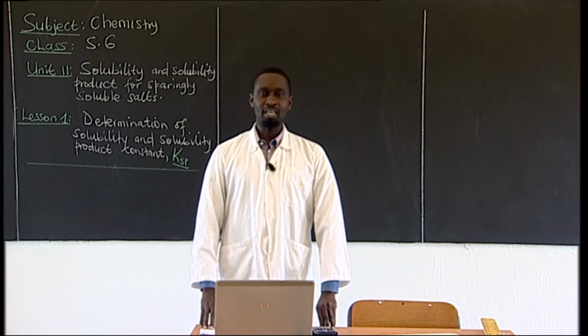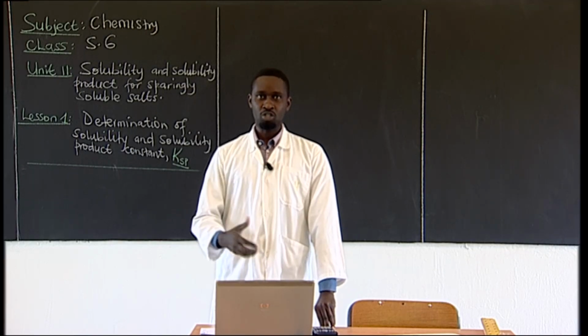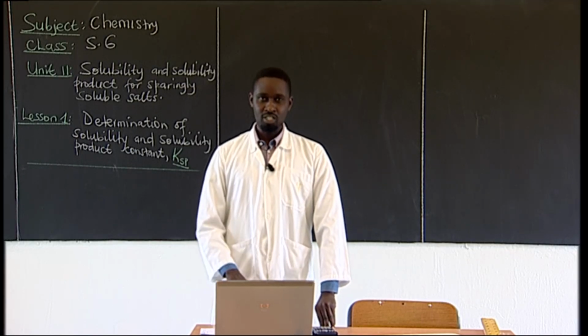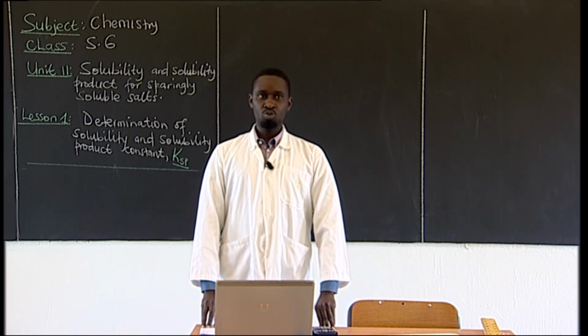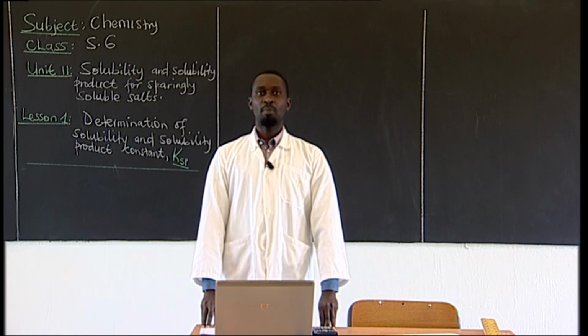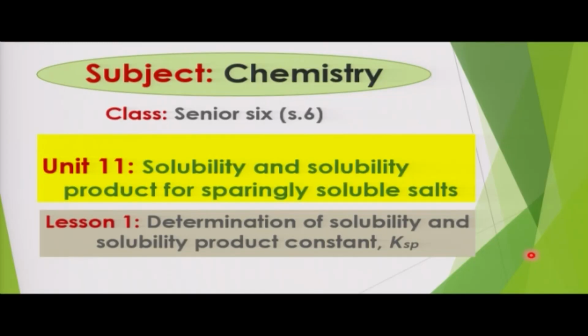In this part, we shall be looking at the concentrations of the ions in solution. So we go directly to lesson 1, which is about determining the solubility and the solubility product constant, KSP.